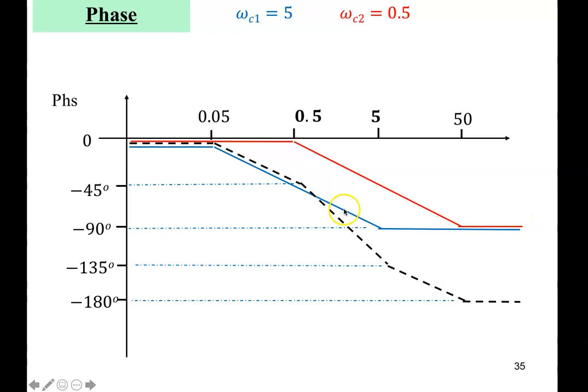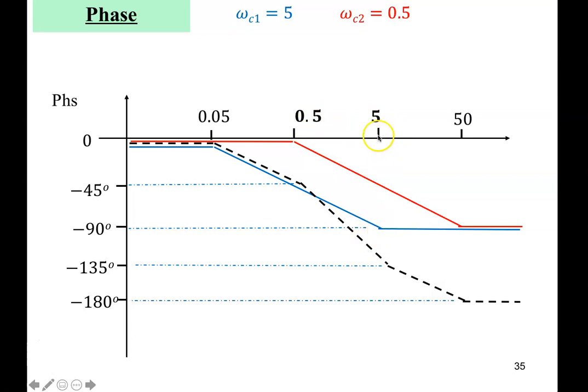For G2, that's now the blue line. G2, the corner frequency is 0.5. There. So 0 degrees starts from the very left, moving towards 1 division below the corner frequency. That's 0.05. And then you go to 1 division above the corner frequency for G2.